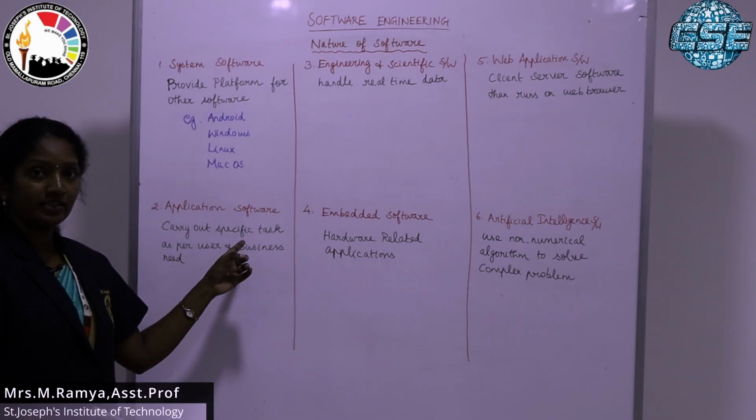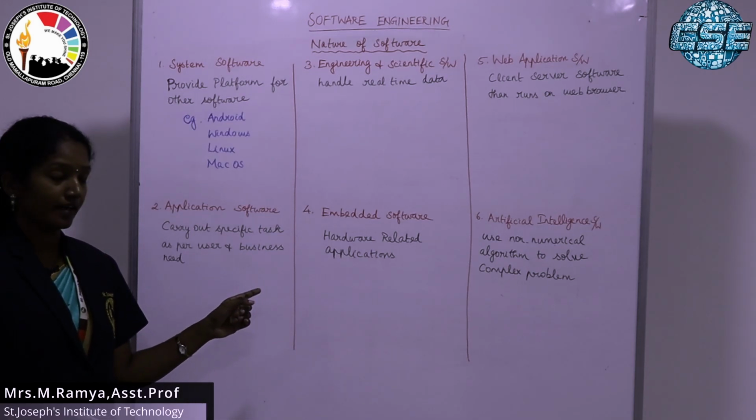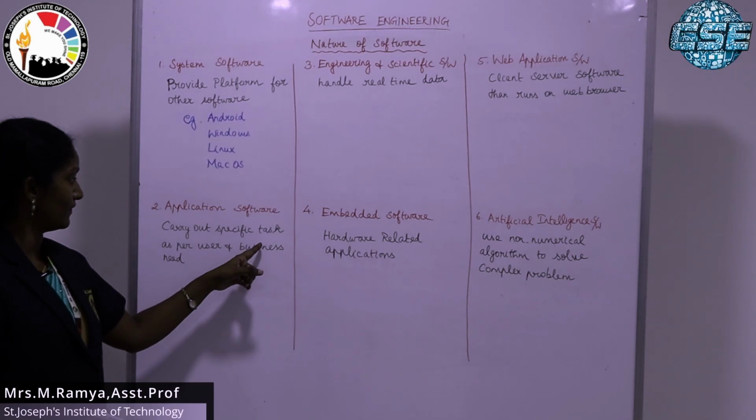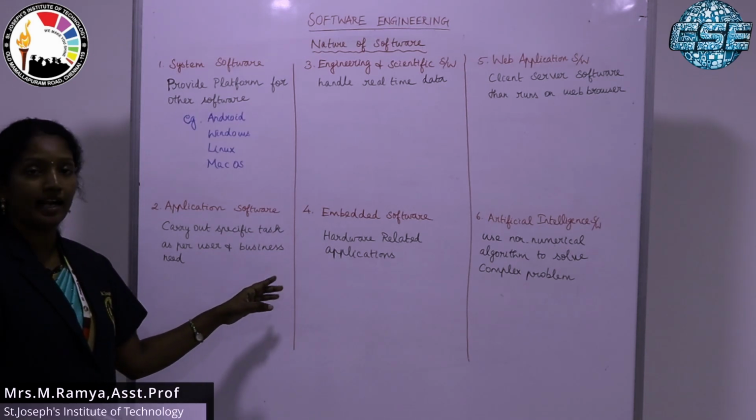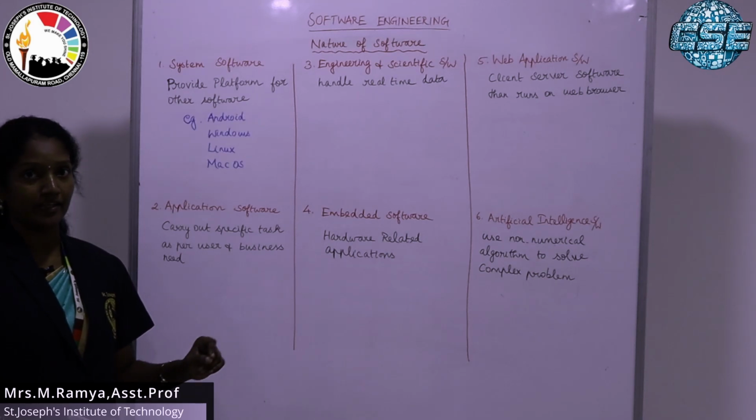Next one is application software. What is meant by application software is the software that is used to carry out specific tasks as per user and business need. This type of software is called application software.